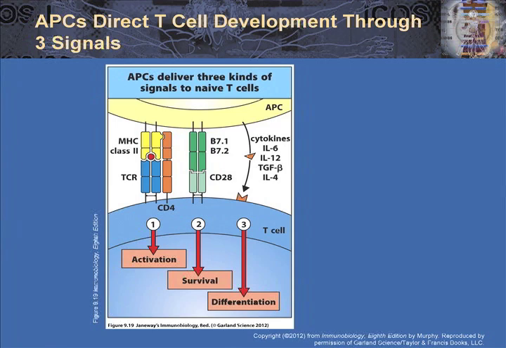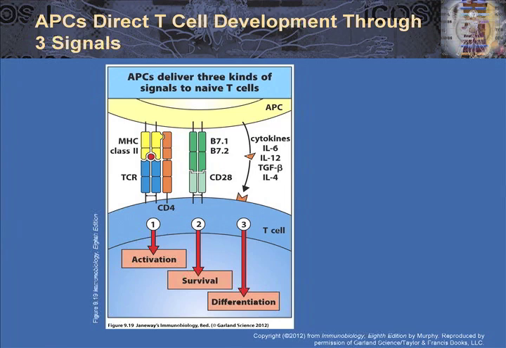But signal 1 is not enough to get an activated effector T cell, and you need signal 2. This is the co-stimulatory signal. Signal 2 is generally mediated by B7 molecule expression on antigen-presenting cells interacting with T cell receptors such as CD28 and CTLA4. Signal 2, coupled with signal 1, then allows activated T cells to proliferate, survive, and perform effector functions.